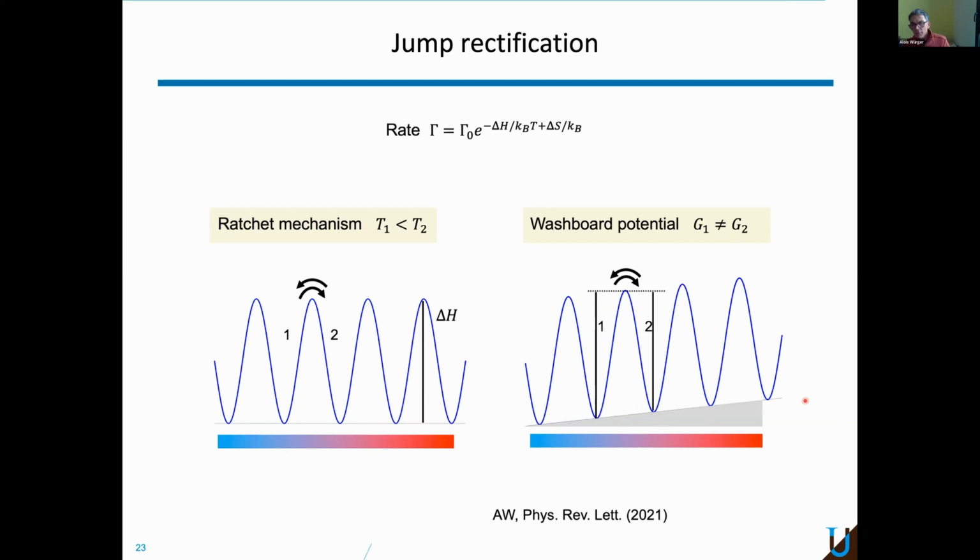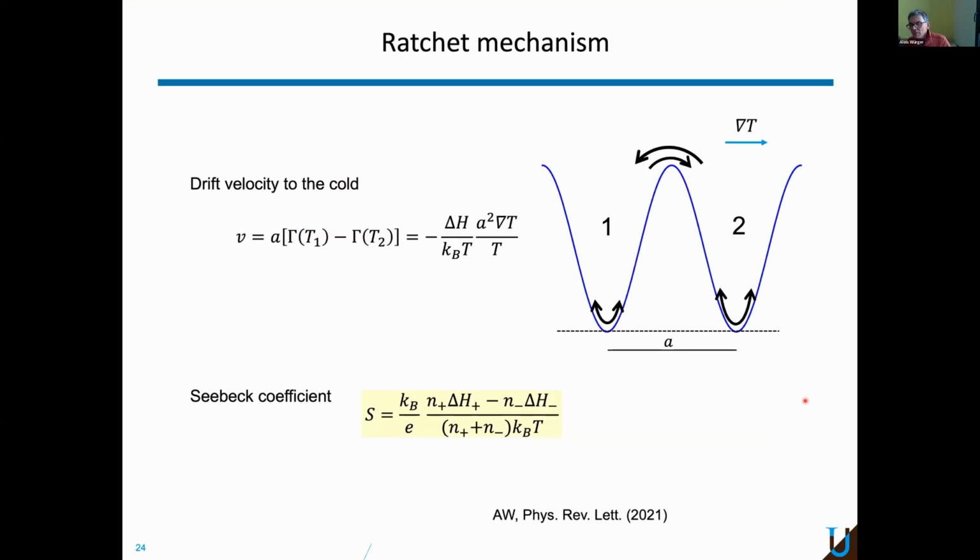And so first I'm going to show you how to work out the ratchet mechanism a bit more. Now, for the ratchet mechanism, one looks for the drift velocity, and it's simply given by the distance between two wells multiplied by the difference of rates for forward and backward jumps.